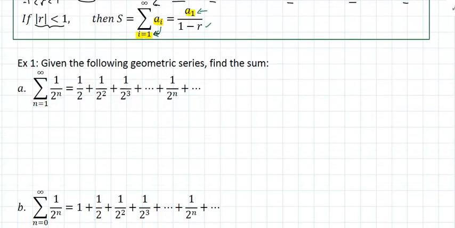Example 1, given the following geometric setup, telling you this is geometric. Find the sum. In this case, when you replace n by 1, you notice the first term on the list is a 1/2. To find r, you take any term and you divide it by the previous term.